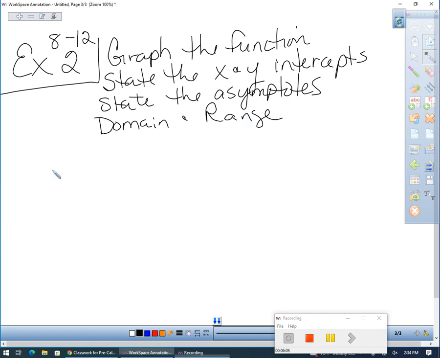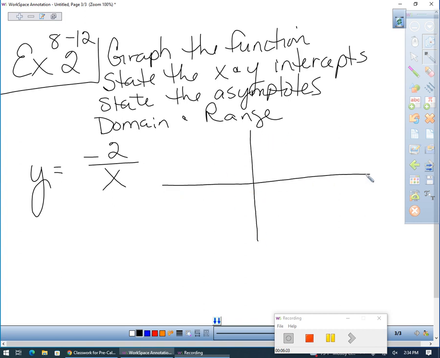All right, so maybe you're given the function y equals -2 over x. So what is a -2 going to do? Yeah, it's going to flip it so you actually end up with it in the second and fourth quadrants.